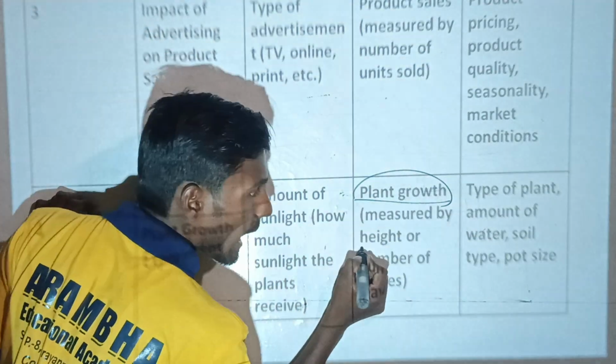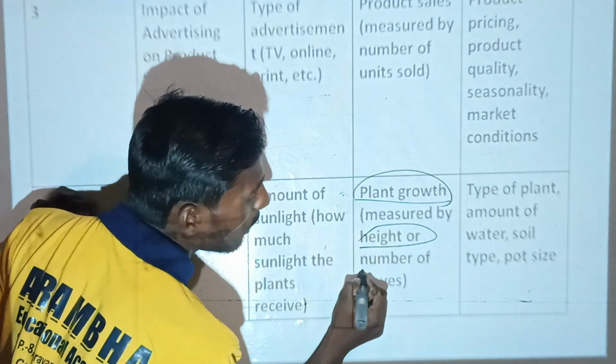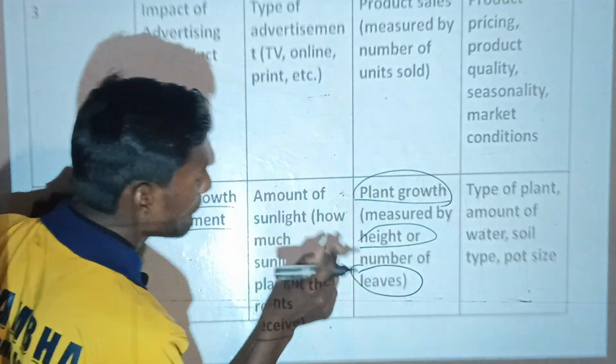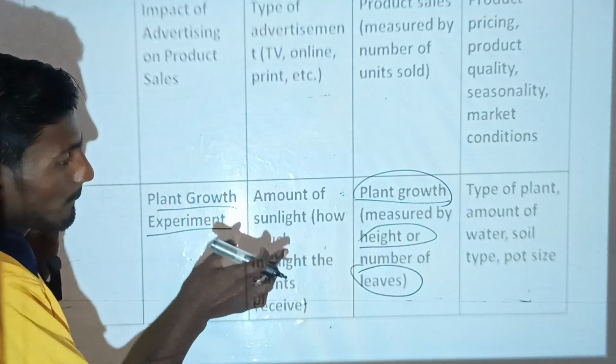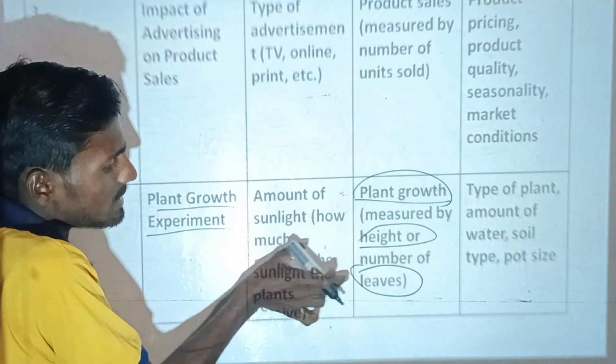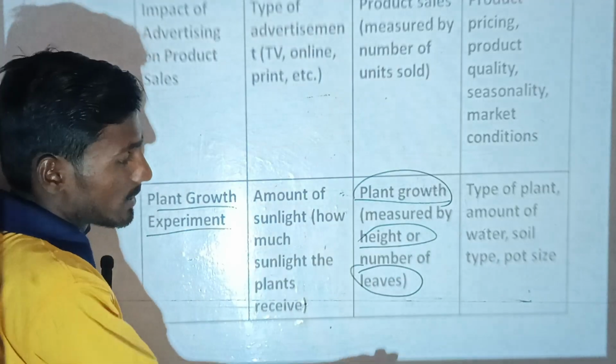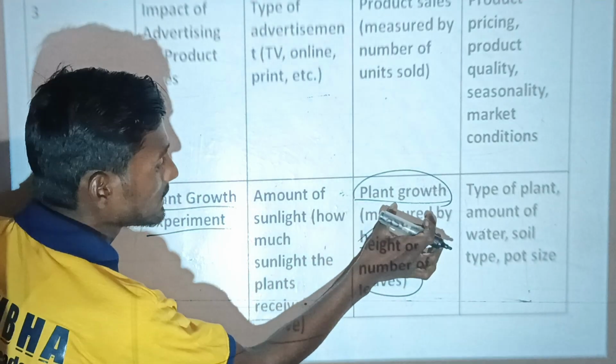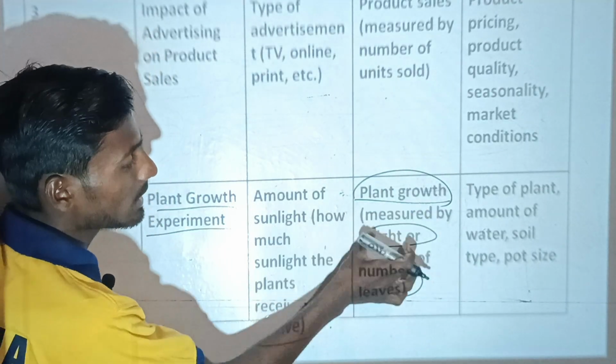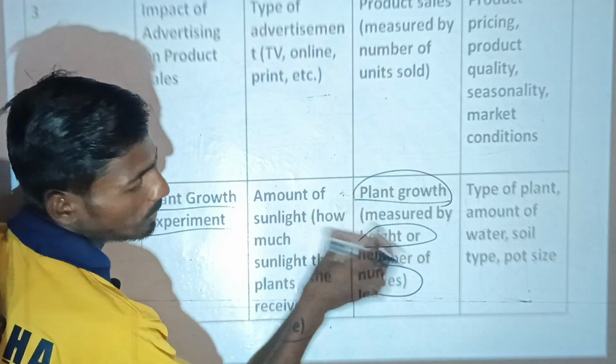So the height of the plant or the leaves of the plant will fully depend on the sunlight. If it gets a proper amount of sunlight, then the growth of the plant will be maintained. If they don't get sunlight, then they don't grow properly.